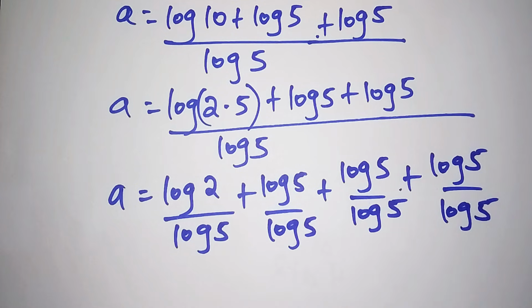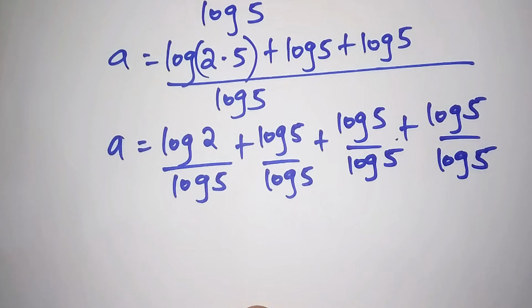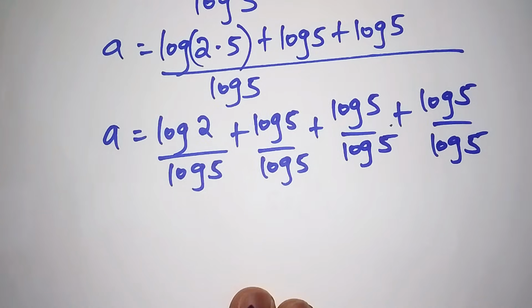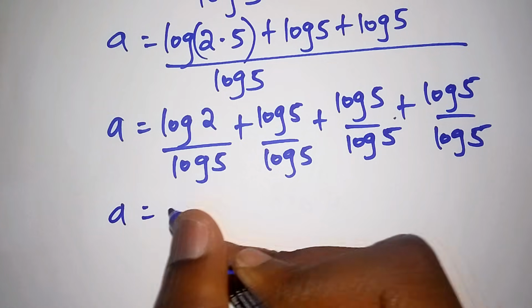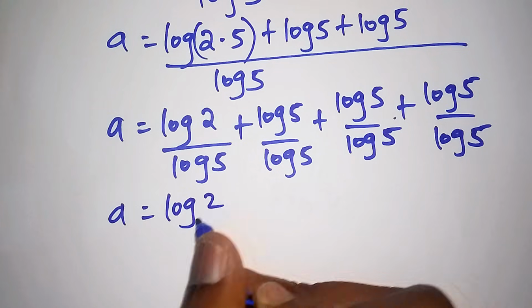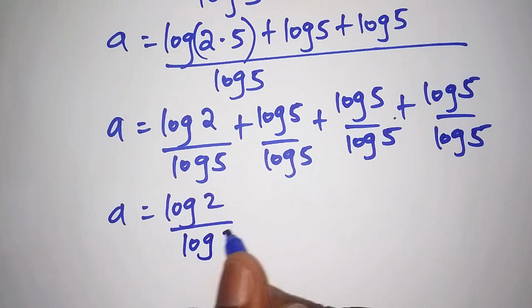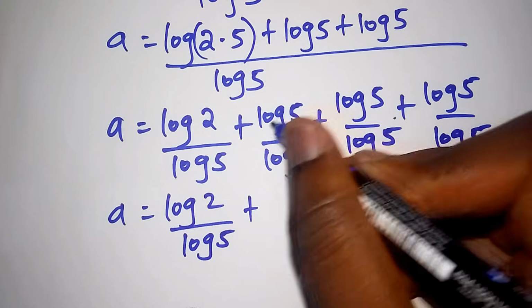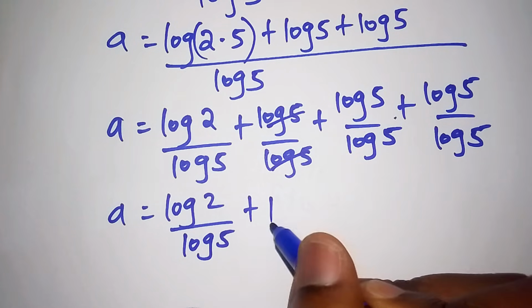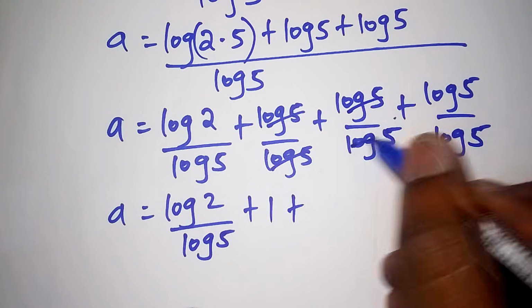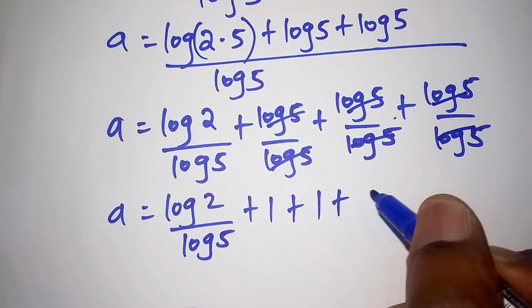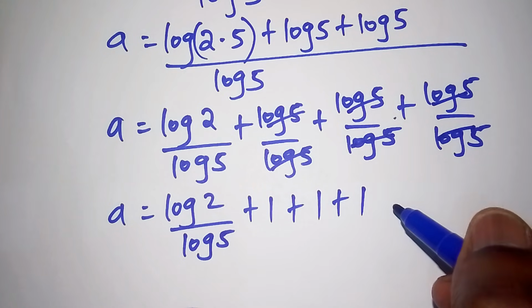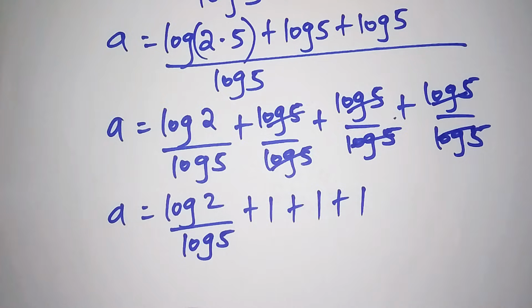From here we simplify the ones that can be simplified very fast. So a is equal to log 2 all over the log of 5, plus, log 5 and log 5 cancel, we have 1, again 1, and again 1.